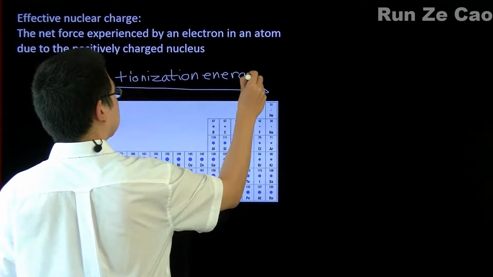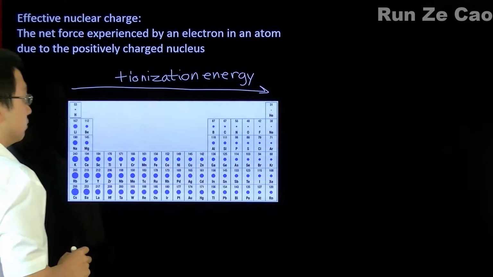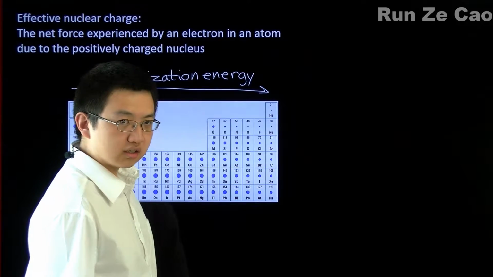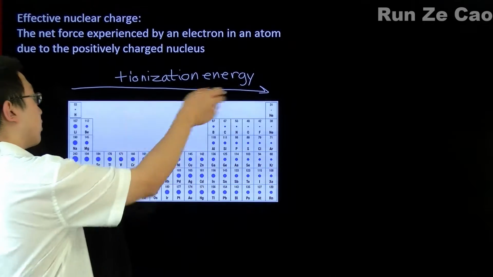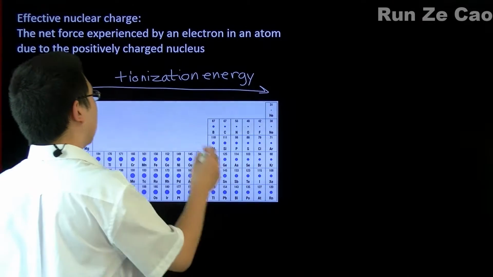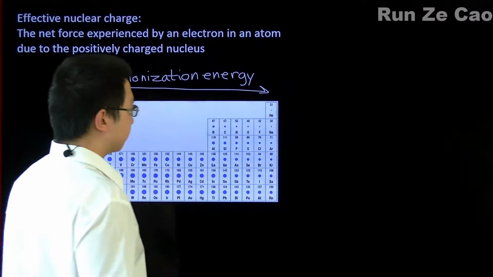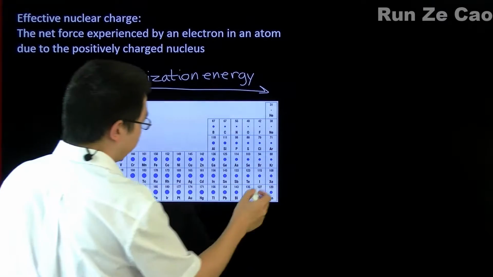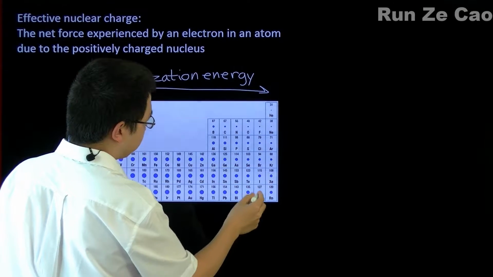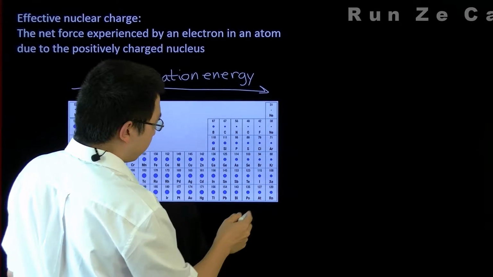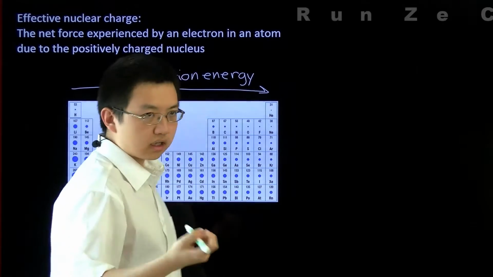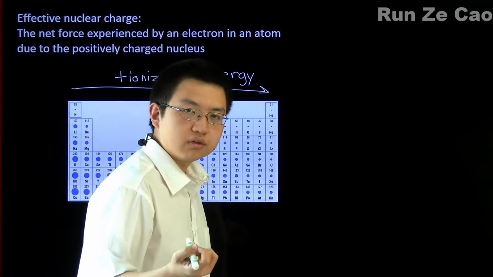Now, ionization energy, well, we specifically mean first ionization here. This is also a gauge of something else. It's a gauge of electron affinity. And what about here? Is it going to be easier to take away one that's really far away from the nucleus, or one that has less protons in the nucleus but is really close?